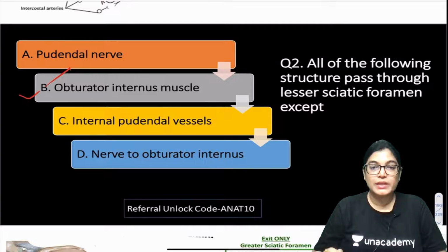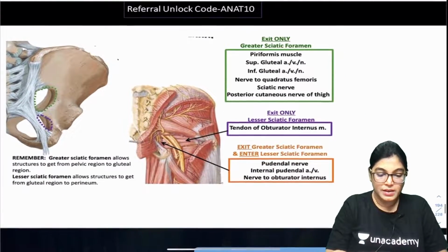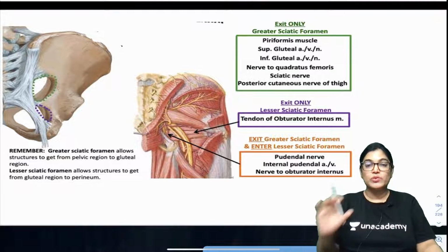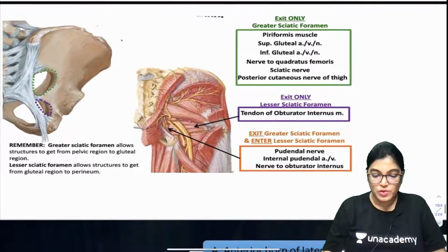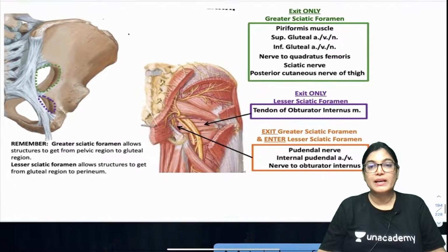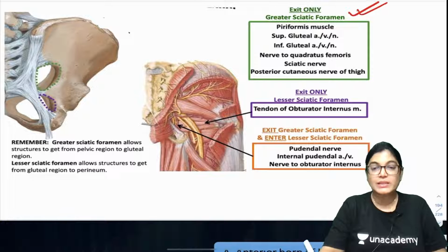Now I want to share a good diagram with you. It will make it easy to solve MCQs related to this topic. You have to know the structures exiting from the greater sciatic foramen. The list is given in the green box.